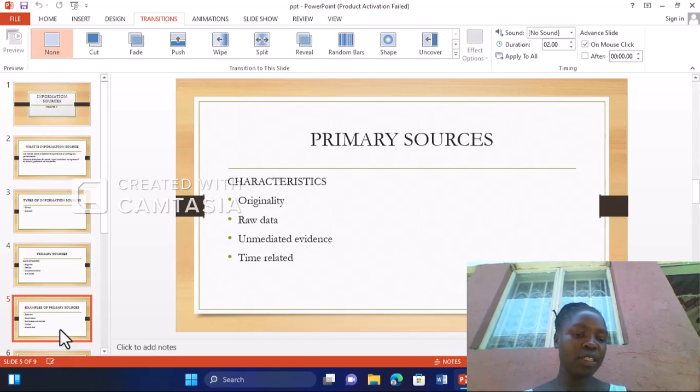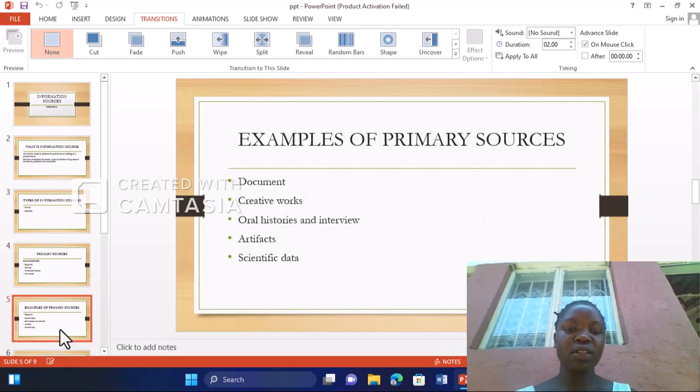Then there are different examples of primary sources: documents, creative works, oral histories and interviews, artifacts, and scientific data. Documents are historical documents, for example treaties, or official records like census data.